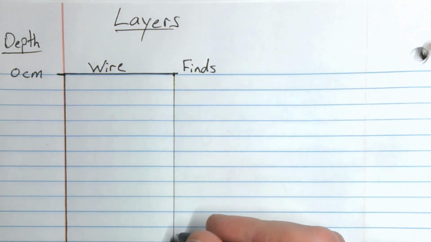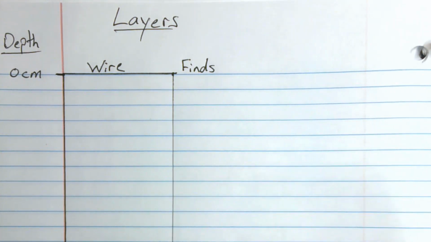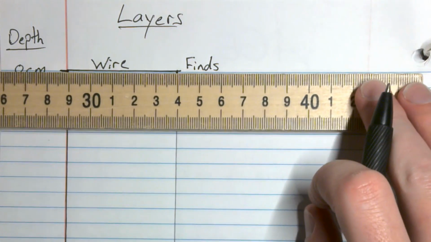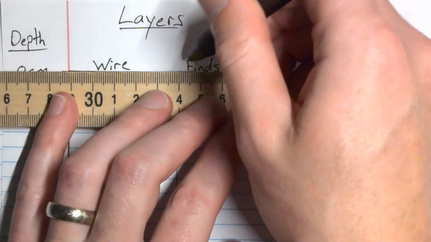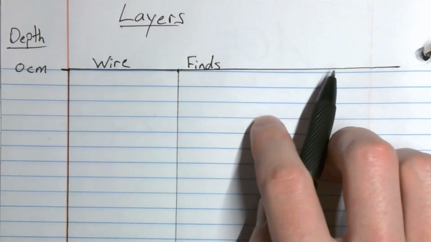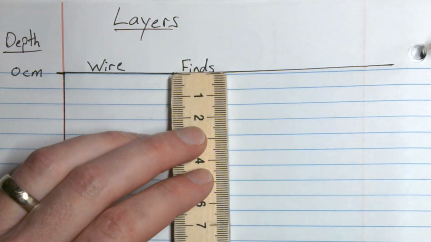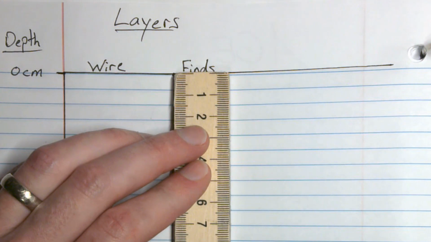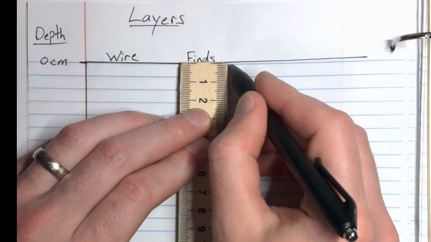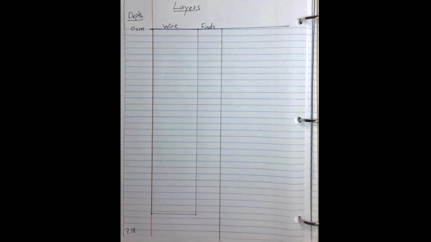And we're going to be labeling that over here. Okay, so then again, I have a ruler, so I should use it. Maybe we could just draw a line all the way across. There we go. Wow, that was not as straight as I had hoped. Let's just make this a ruler width. So your ruler might be a little wider than mine, and that's okay. But I'm just going to draw a line straight down.